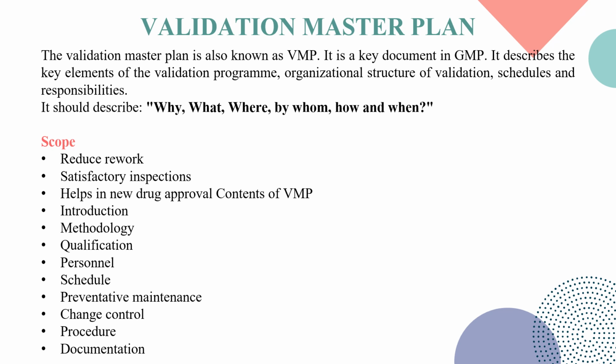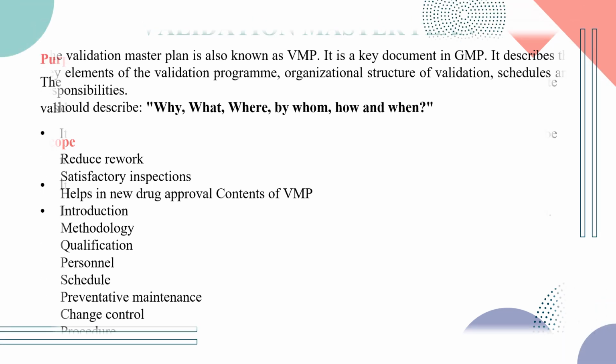It also helps in new drug approval. The content of the validation master plan: the introduction, methodology, what will be the qualification, how many persons are required for the procedure, what will be the schedule, the preventive maintenance, change control, what procedure to follow to perform the analytical method, and the documentation.